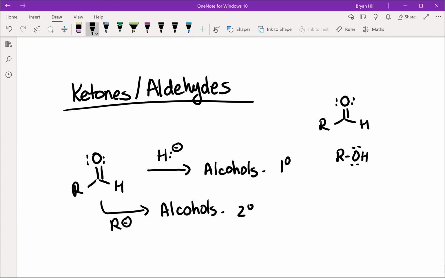Or even, before we even go there, what happens if you react an aldehyde with water? They're actually in equilibrium. If you've got a little bit of acid catalyst there, boom.